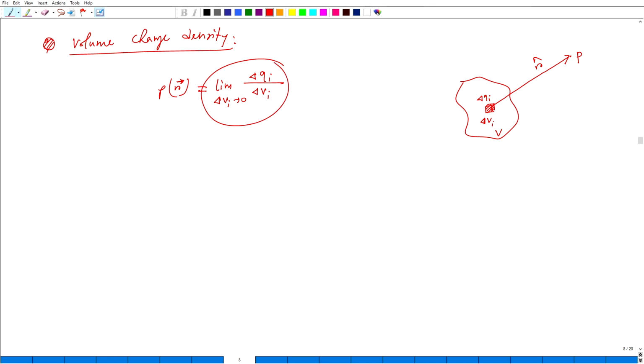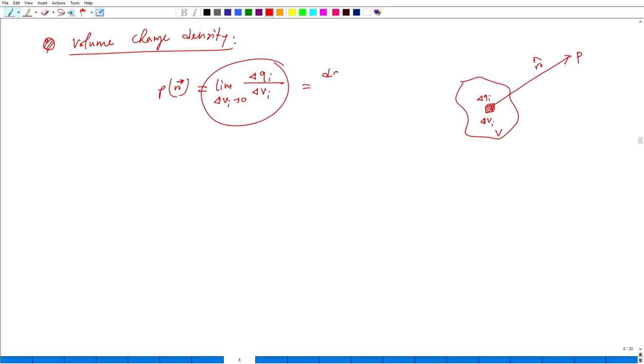So, we first consider a small strip for a linear case, and for a 2D problem we define a small surface element, for a 3D problem we define a small cube, and then it is a limiting case. That means the size of this small object tends to 0, so we define a continuous variable.